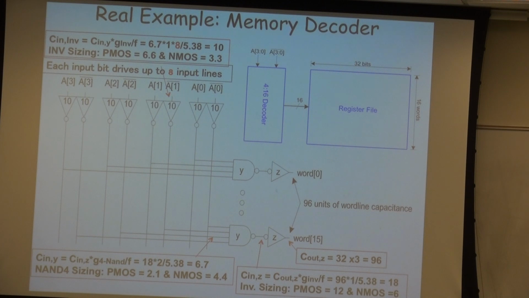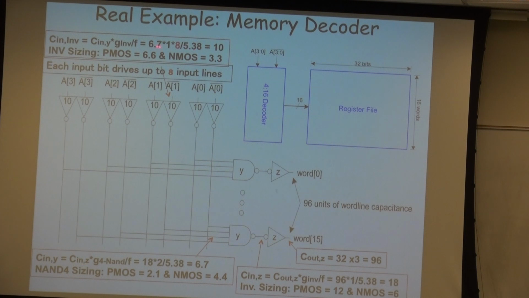Is it clear? So, don't ignore this, because ultimately, when you go out, you'll have to apply these techniques. Similarly, for the inverter over here, we can find out that the branching factor is 8.